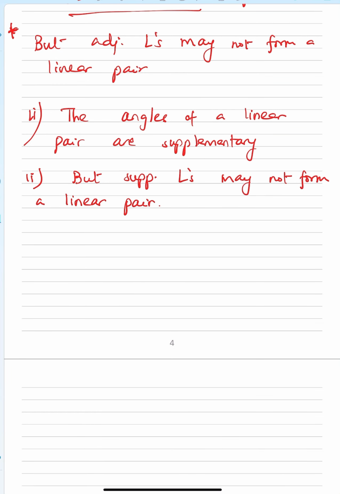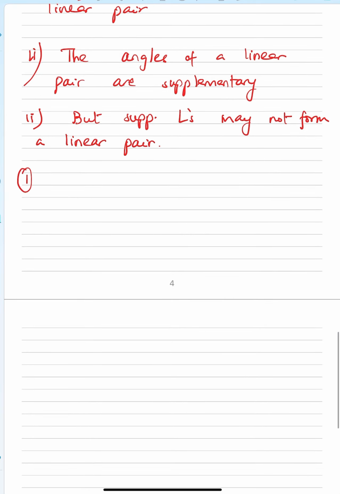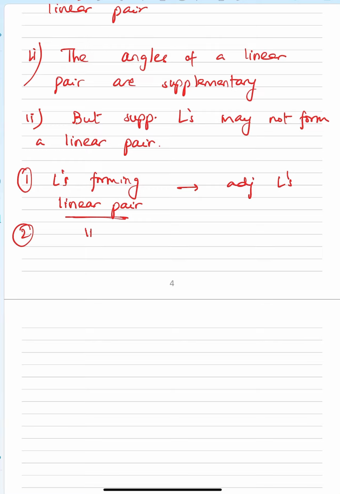Okay, so two things we have learned. First is that angles forming a linear pair are adjacent angles. And secondly, angles of a linear pair are supplementary, that is, angles which are forming a linear pair are supplementary angles.